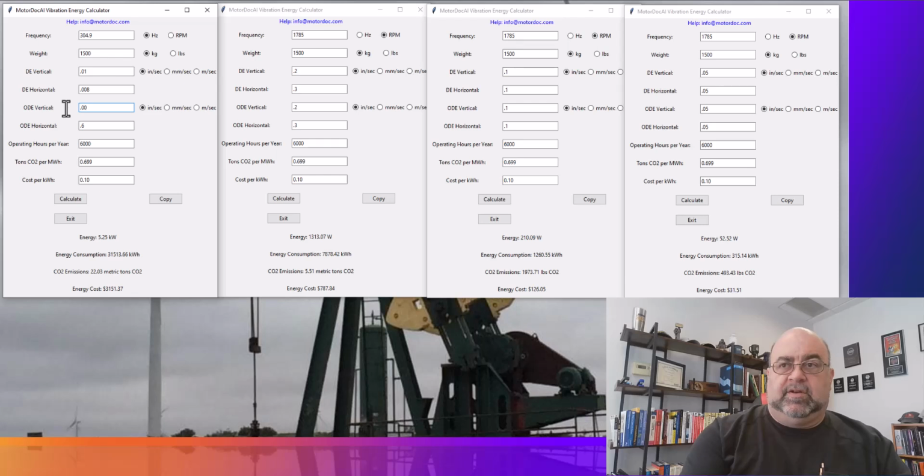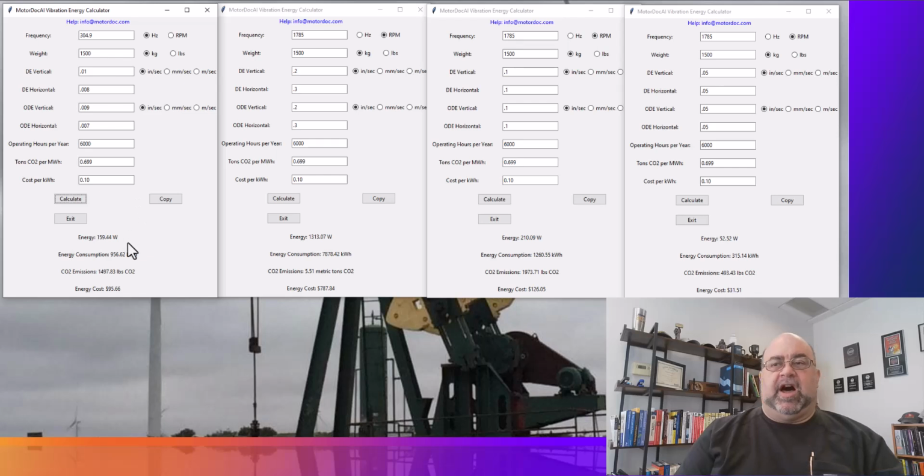Okay, so it'll be the drive end bearing. So let's go 0.009. Okay, just for fun. So the actual numbers don't mean anything. I'm just tossing in something that's reasonable.